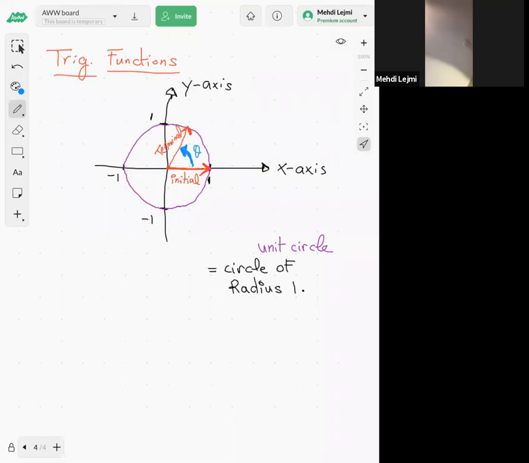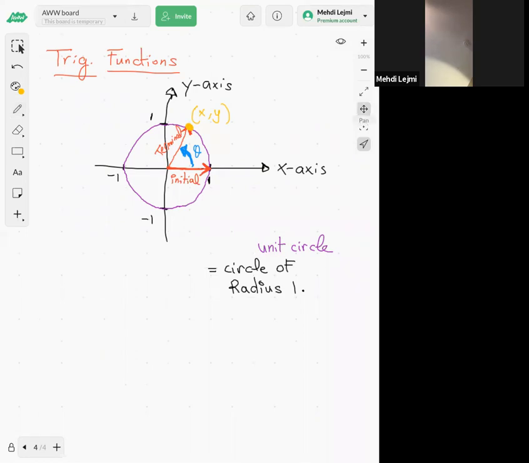All right. Now, there is a very interesting point here. If you take this terminal side, there's this point here on the unit circle. This point has coordinates x and y, right? Anyway, so you have this angle theta.